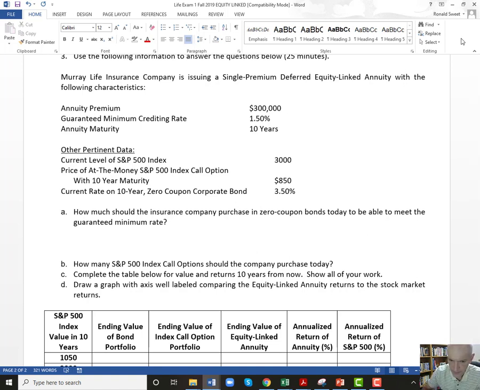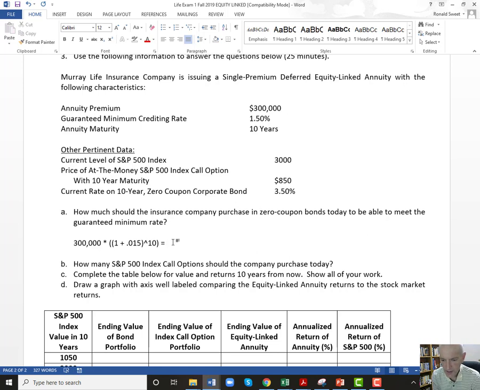So we need, at the end of this contract, this person needs to have $300,000 at a minimum, $300,000 times 1 plus 0.015. They need to have 1.5% for 10 years.